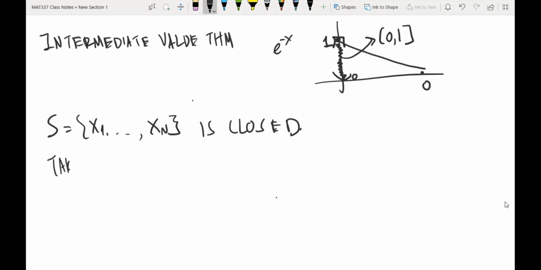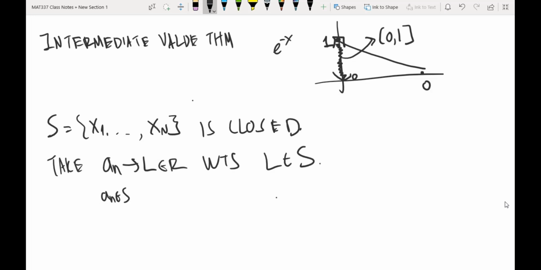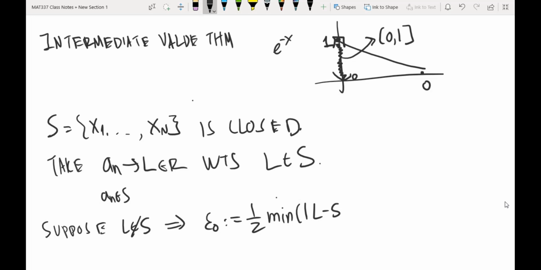So take AN converging to L, AN is in S in the reals. I want to show L is in S. Suppose not. Suppose L is not in S. Then epsilon naught, the distance between L and S, is strictly positive.